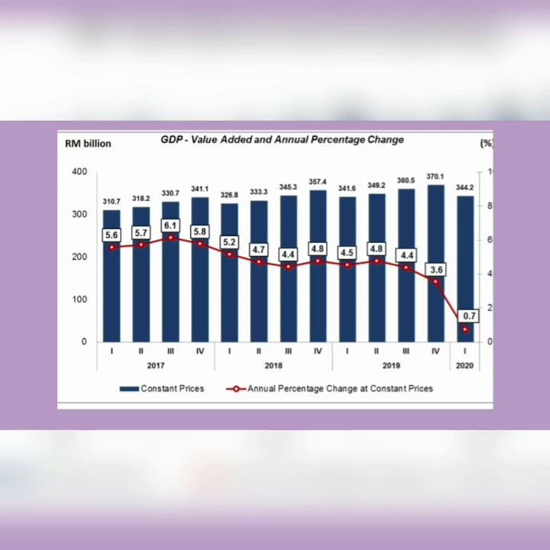The strong rebound in GDP growth will be driven by the anticipated improvement in global growth and international trade. In addition, the impact of the stimulus packages implemented by the government is expected to have spillover effects and provide an additional boost to the economy in 2021, according to the Ministry of Finance (MOF) Economic Outlook 2021.